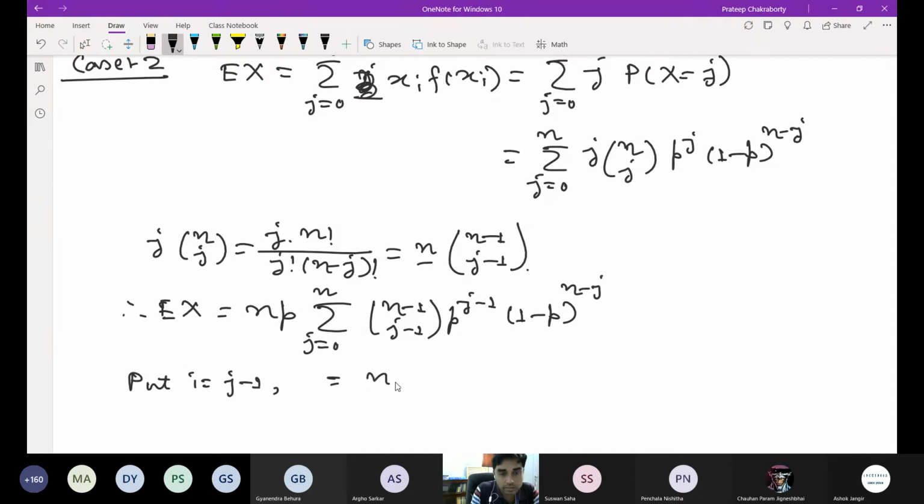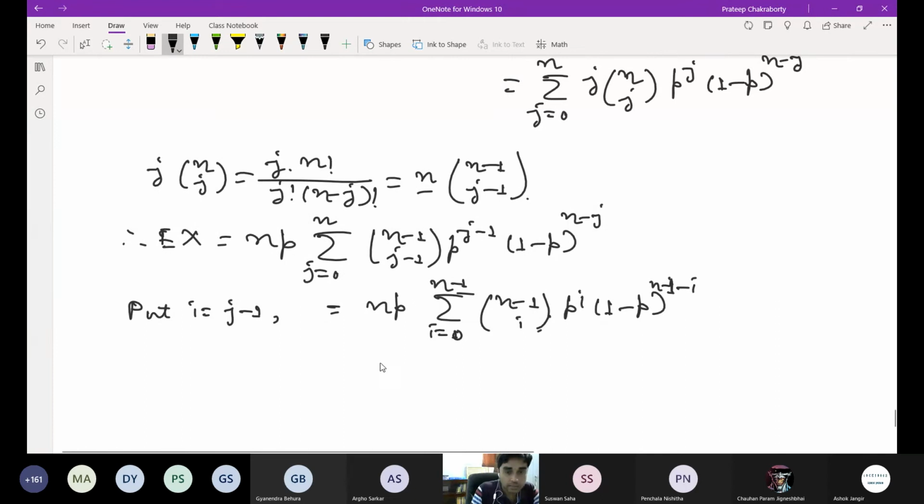So this is equal to np summation i equal to 0 to n minus 1, n minus 1 choose i, p power i, 1 minus p power n minus 1 minus i.